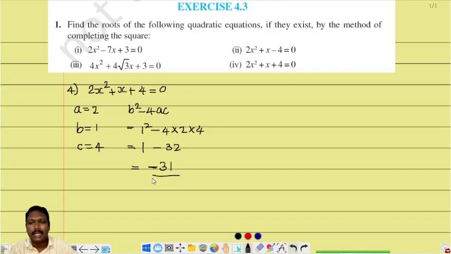See, here we got a negative number. Then the root of a negative number we cannot find. So here the roots do not exist, because the discriminant, b squared minus 4ac, we got as a negative number. So here real roots do not exist.